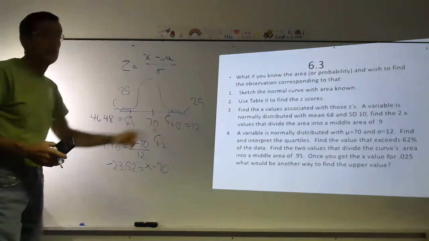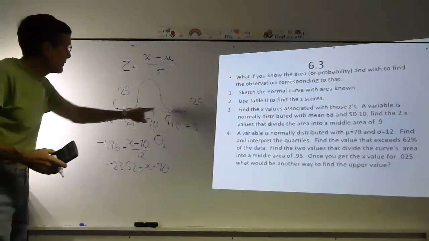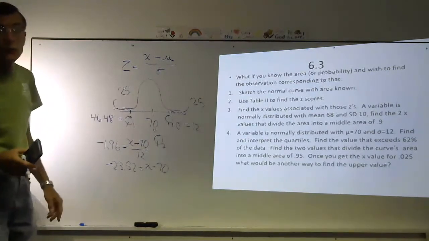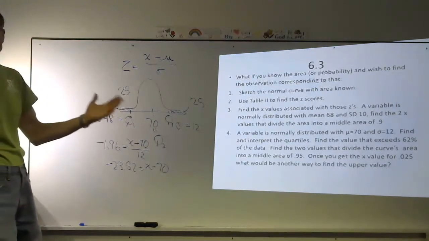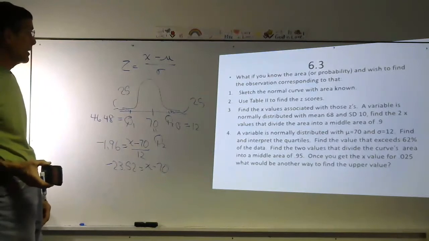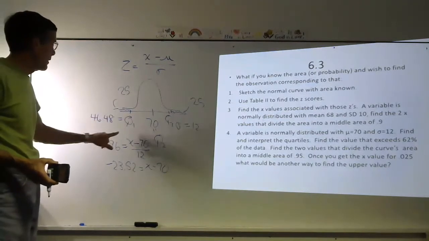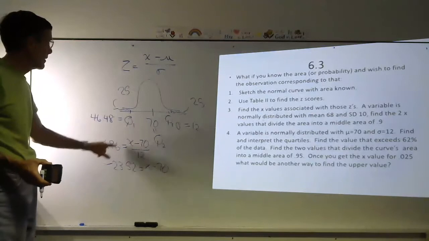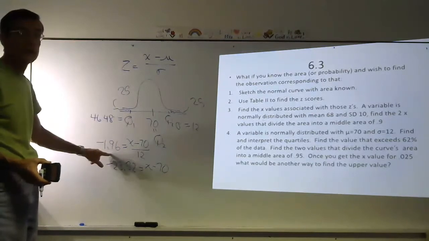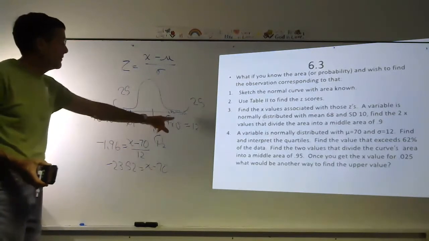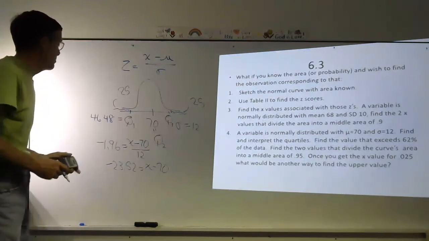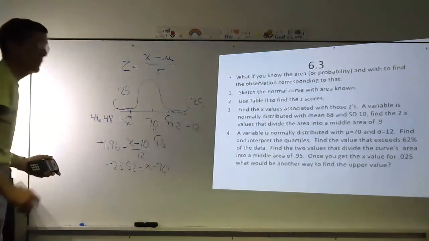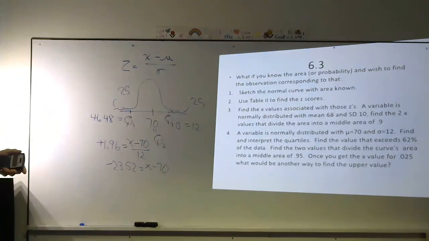Now, how can I find Q3 over here? You can do a reverse lookup on 0.75 if you want. Or if we know that the z-value down here was negative 1.96, the z-value up here at Q3 has got to be positive 1.96, right?